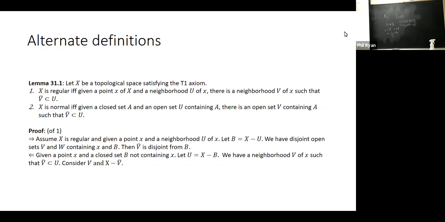Since it's regular, we have disjoint open sets B and W, B containing X and W containing X minus U. Then the closure of B is disjoint from X minus U. So that does it.